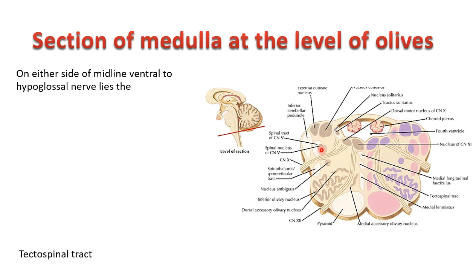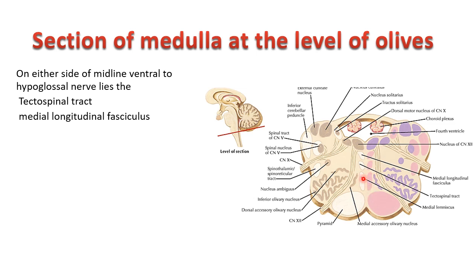Okay, substantia gelatinosa. Then in the midline, when we trace medial to lateral, now you trace it anteriorly. So hypoglossal nerve nucleus, and then you have the tectospinal tract and medial longitudinal fasciculus, and then you have the medial lemniscus. You know what this medial lemniscus is?